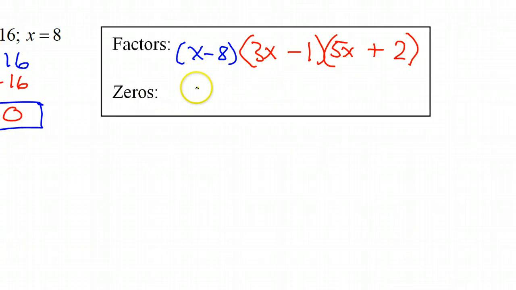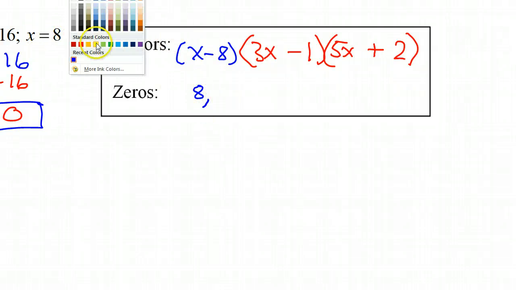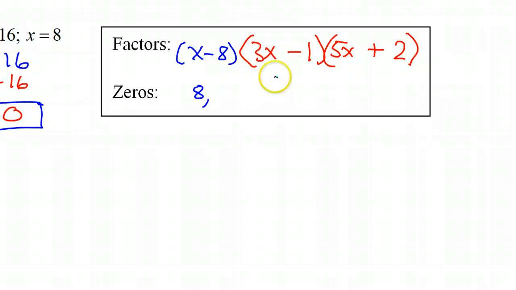Alright, this factor is associated with a 0 of 8. This factor, and that's the one we were given, but we list it anyway. This factor would give us a 0 of 1/3, and this factor would give us a 0 of negative 2/5. I'm going to go ahead and show these two.